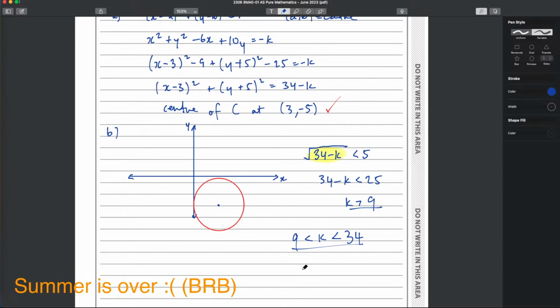So let's say k could equal, for example, negative 30. That would not be less than 5. This would be the square root of 64, which is 8. So, not greater than negative 34.